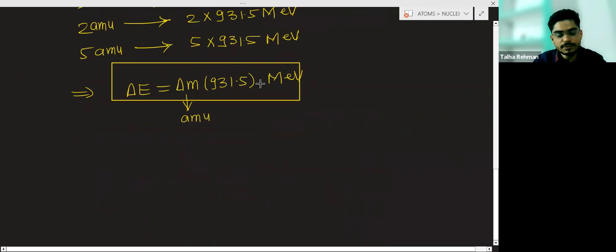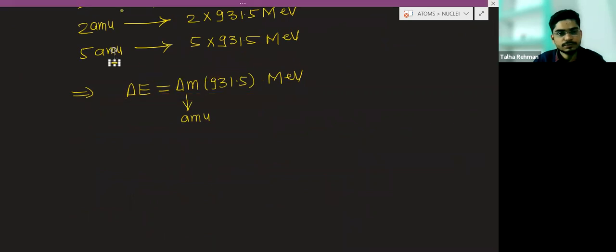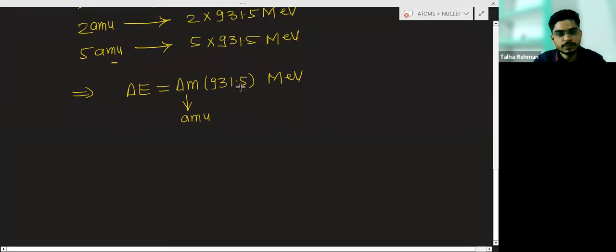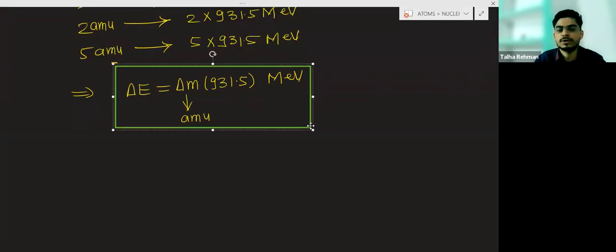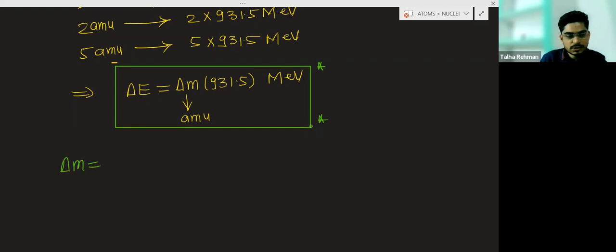So you have to remember this formula. Okay. Suppose I am saying that mass defect is 0.002 AMU.